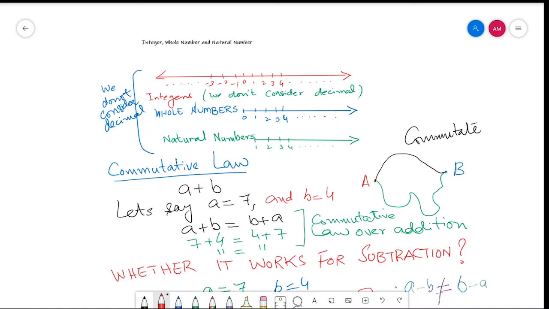Natural numbers start from 1. Looking at the relation between all three, natural numbers are a subset of whole numbers, and whole numbers are a subset of integers. Subset means they are a part of that.